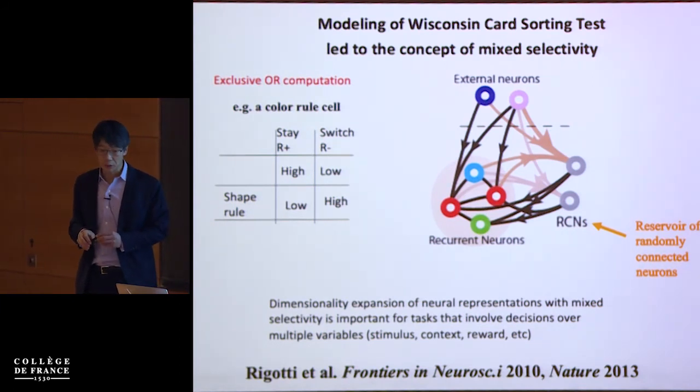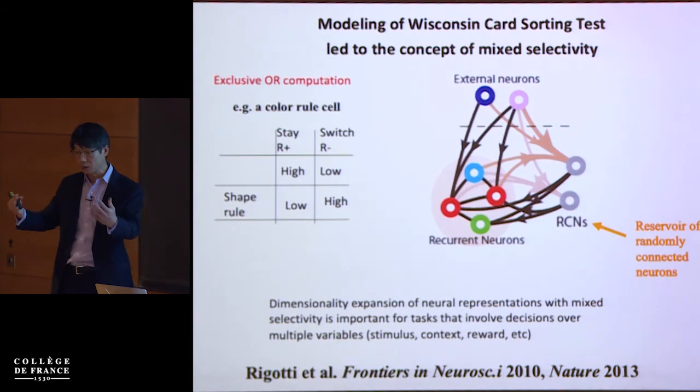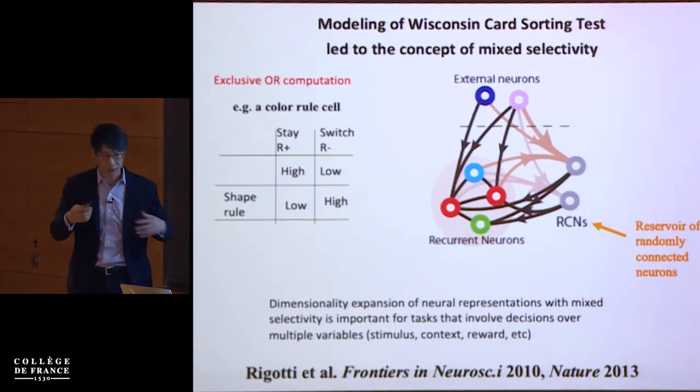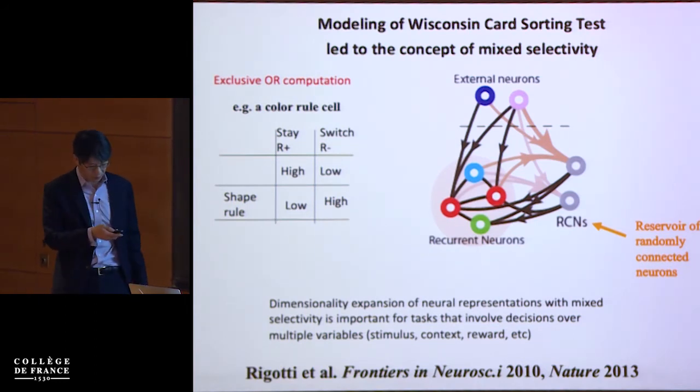That conceptually could be really quite useful because signals in the prefrontal cortex for a long time have been really hard to interpret and explain. And so the idea of mixed selectivity, maybe in combination with plasticity, provide a way to look at rather puzzling kind of physiological observations.